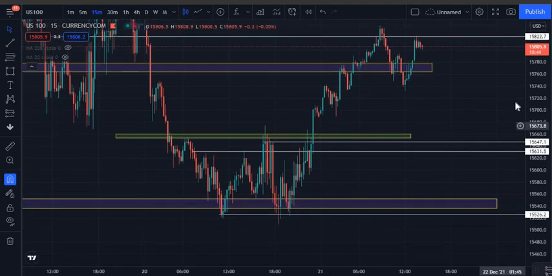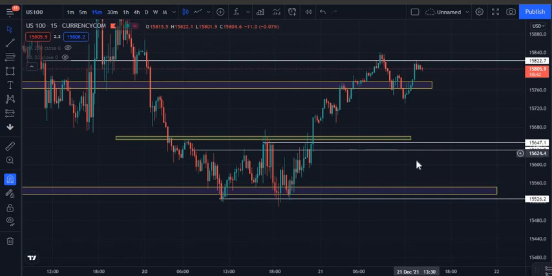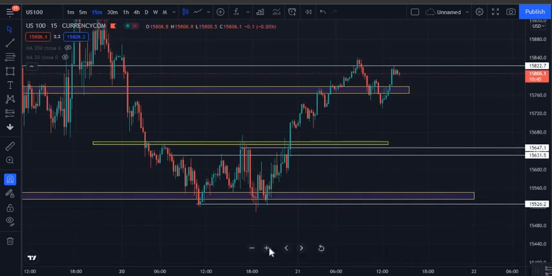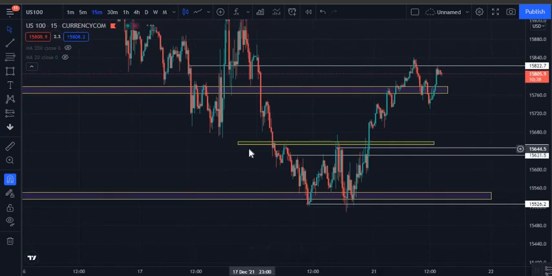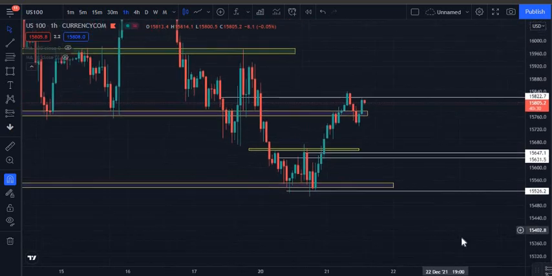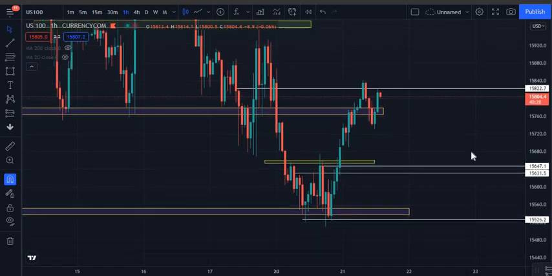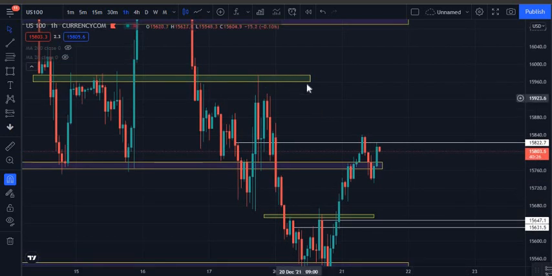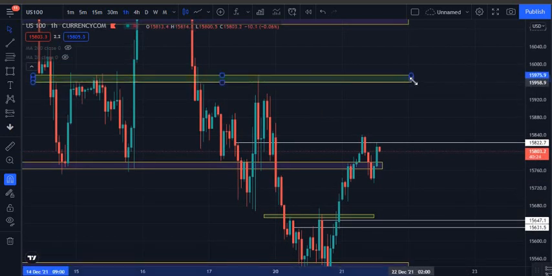So now, leading on to today, we're going to do an analysis of this, but as you can see, these are the zones that we have identified, and this is how we're going to try to execute price, right? So let us take an analysis.